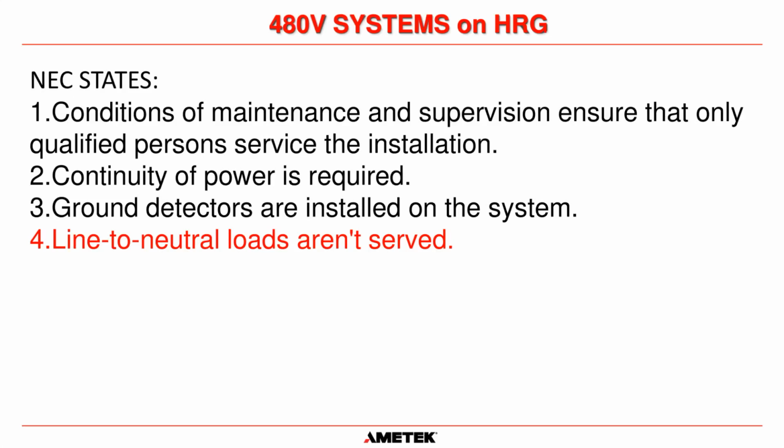So you have systems connected to this power generation system that require continuity of power. You must have ground detectors installed on the system. And then the last one, very important, line to neutral loads aren't served by the MCC. They aren't served by the generating system. Okay? And that's very, very important.